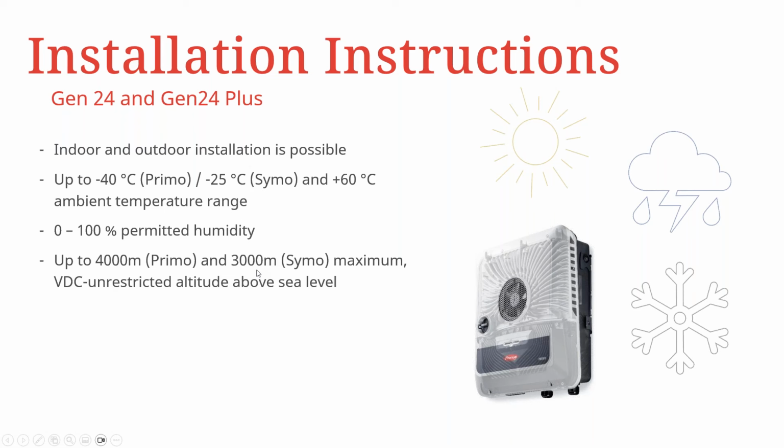Going beyond these stipulated altitudes would definitely affect the VDC. It means that the higher you go above this, you'd have to be a bit restrictive in terms of your maximum DC voltage.